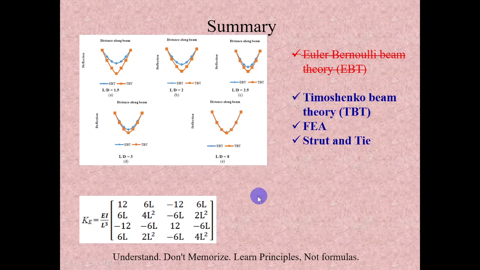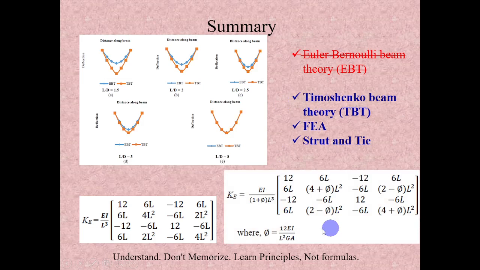The Timoshenko beam theory stiffness matrix will look similar to this. Wherever this phi component is there, that phi component will take care of the additional deformation due to the shear.